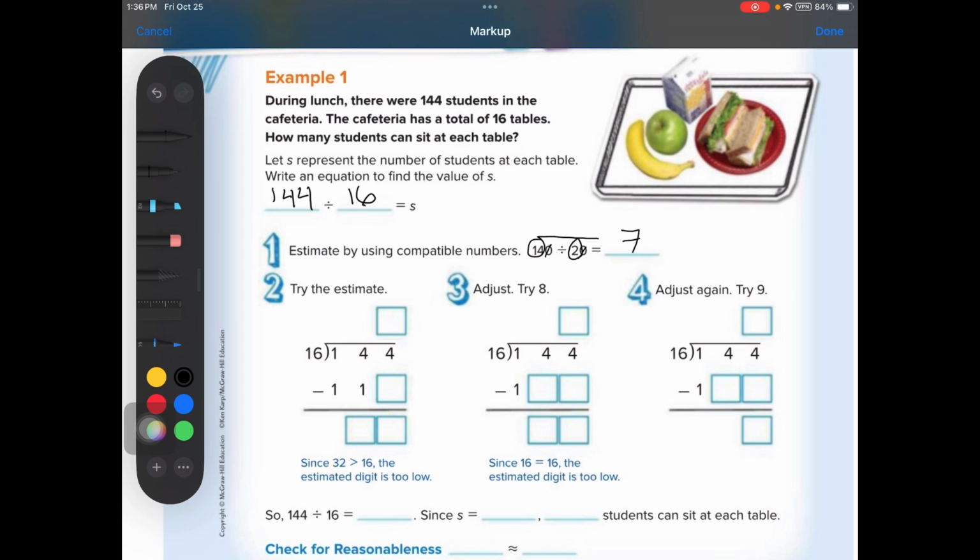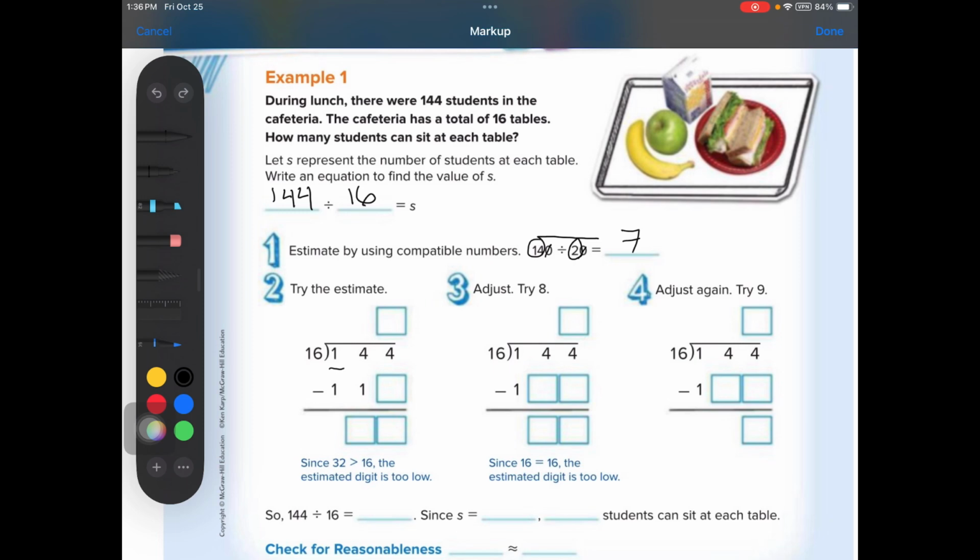Let's try this. So right here, we're going to try 16 into 144. We can look and see that 16 cannot go into 1. 16 cannot go into 14, so we're going to have to try 144. So we're going to do either a guess and check, or we can estimate roughly.